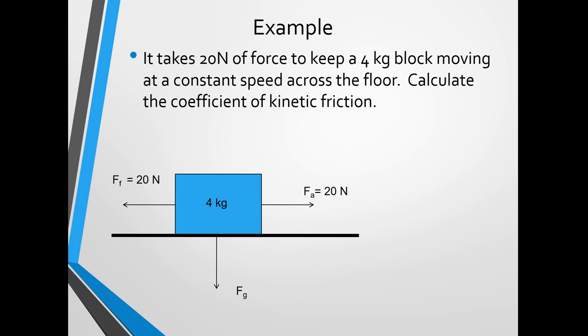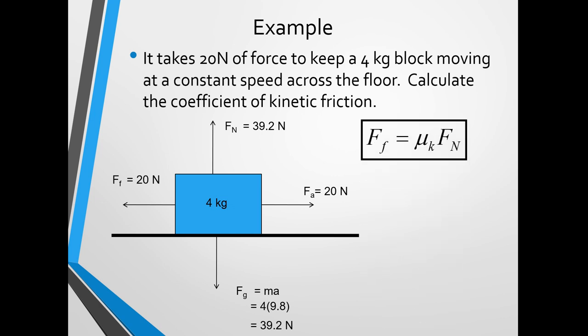We, of course, have the gravitational force pulling down and the normal force pushing up. Now we know gravitational force is equal to mass times acceleration, the mass being 4 and acceleration of gravity being 9.8. So therefore the force of gravity is 39.2 newtons. Now we also know that the normal force is going to have to perfectly balance this. So that means normal force is also 39.2 newtons.